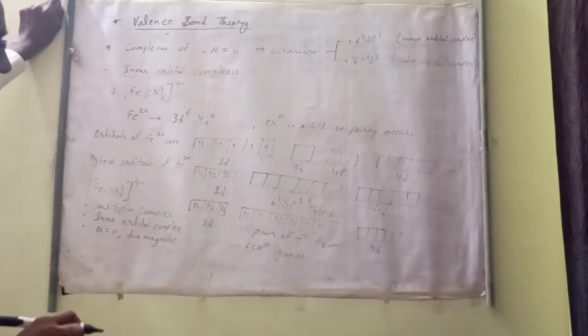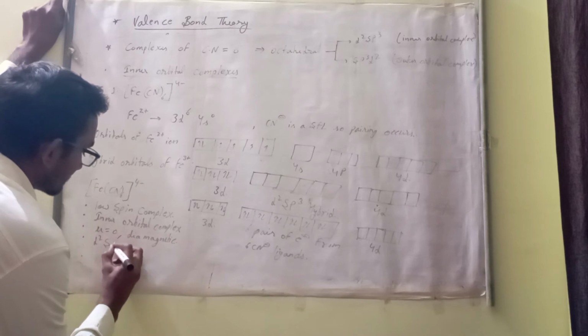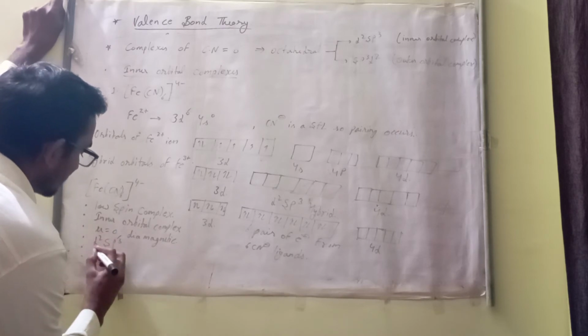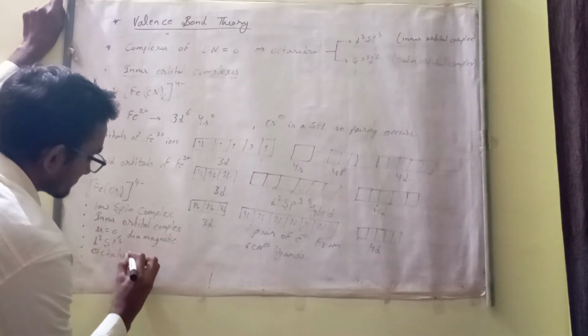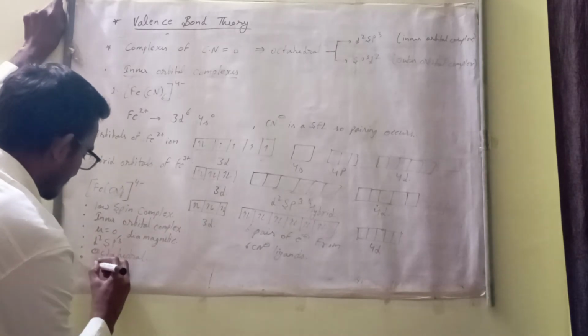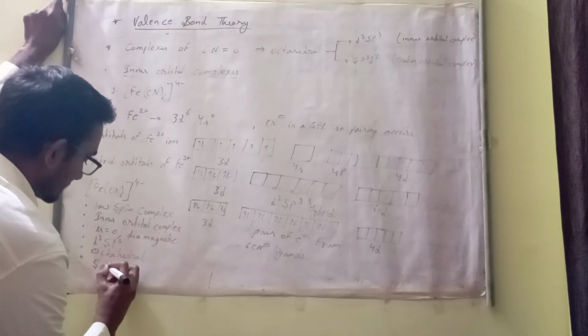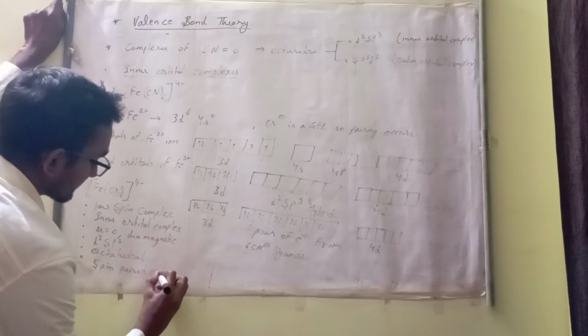Okay. Hybridization is d2sp3, octahedral. Spin paired or spin free? Spin paired complex.